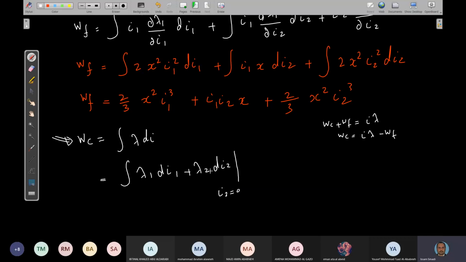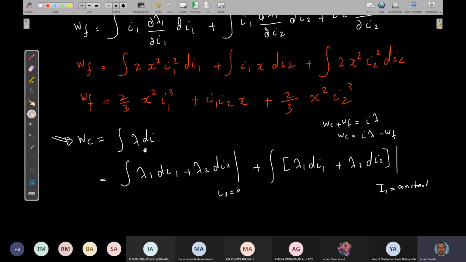This is stage number 1. And I will do the integration for stage number 2 when I1 is constant: lambda 1 di1 plus lambda 2 di2 under the assumption that I1 has reached its final value. So I1 is constant.